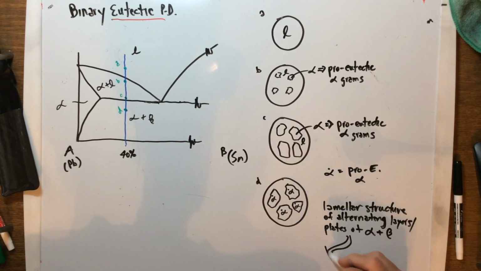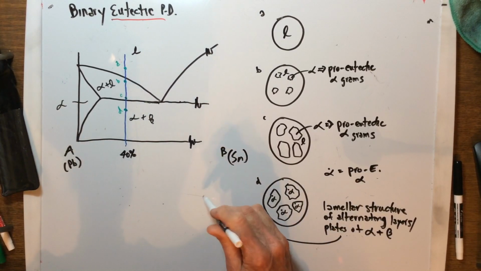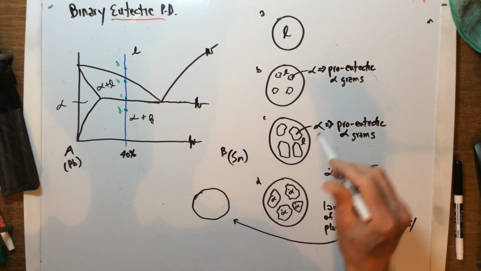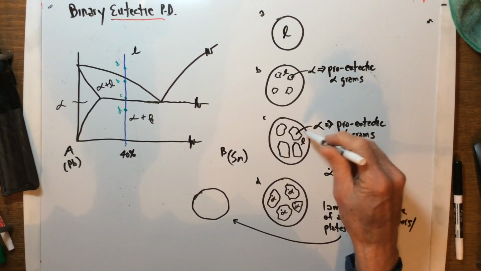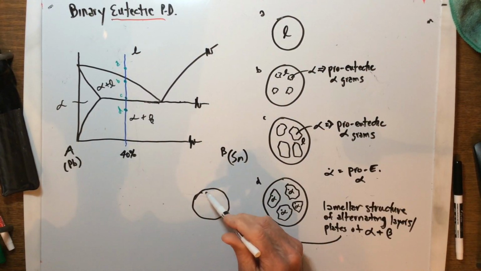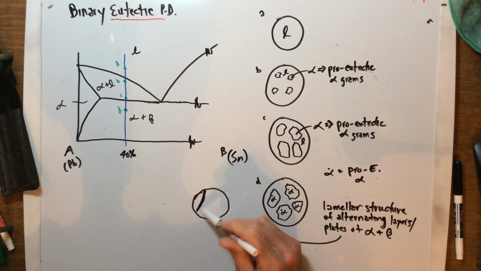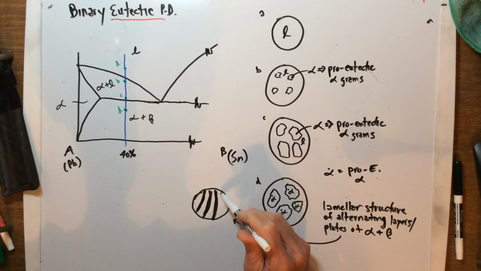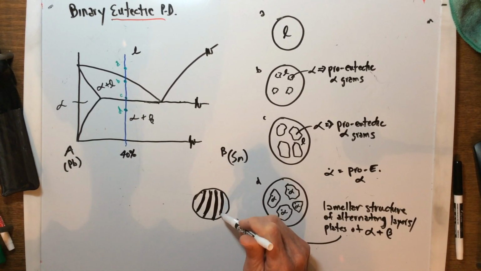I don't have much room to do it in there, but if I was just to blow it up, well, I'm running out of space here. Let's do it over here. If I did just a microstructure of just that, it would look like this. If this pro-eutectic is white, it's going to look something like this, like layers.